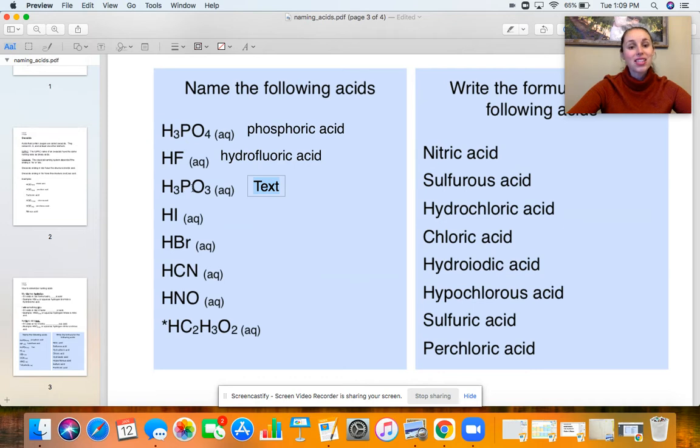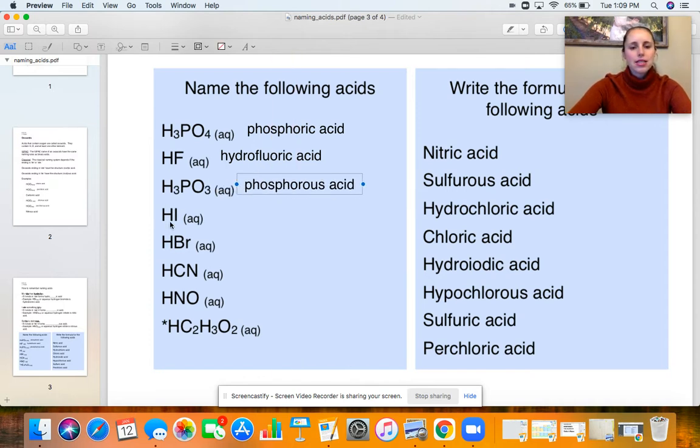This is phosphite. So this here would be same as before, phosphor, and instead of having an "ic", it's got an "ite" ending. "Ite" has an "us" ending for acids, and we're going to call that acid. So this is going to be phosphorus acid.